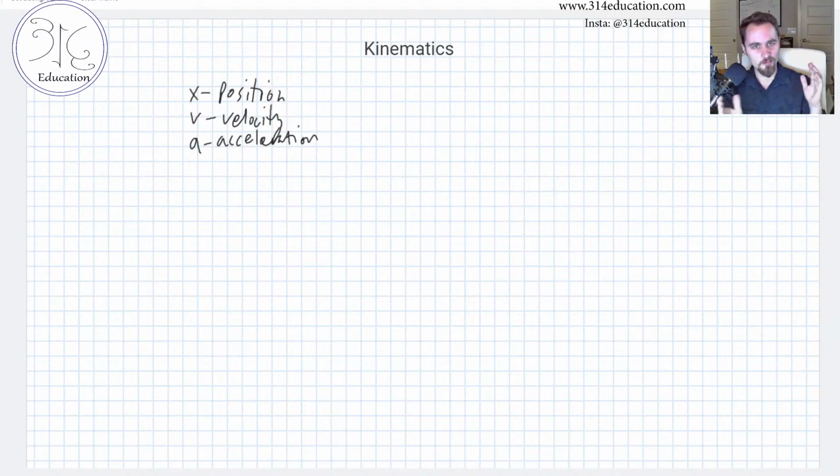Position is just where we are in space. You define a position in some coordinate system, and that's where you are at that time. Now, velocity is the rate at which your position changes with time. Notice how velocity is related to position or displacement.